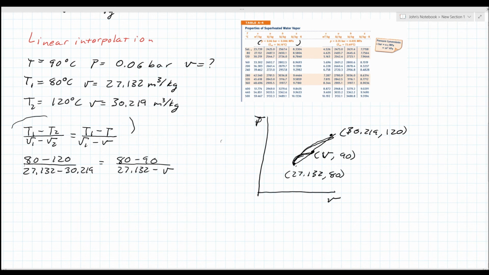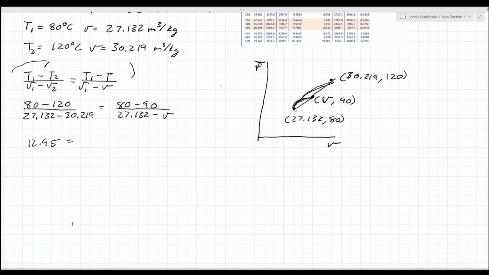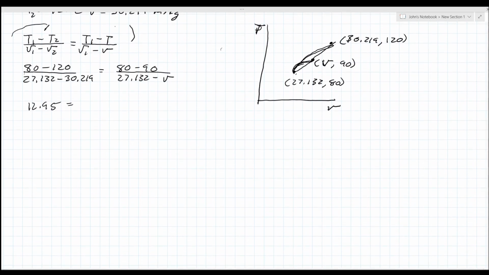Well, the left simplifies out to 12.95. 12.95 is equal to negative 10 over (27.132 minus V).